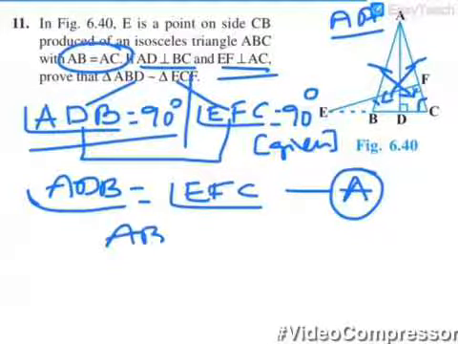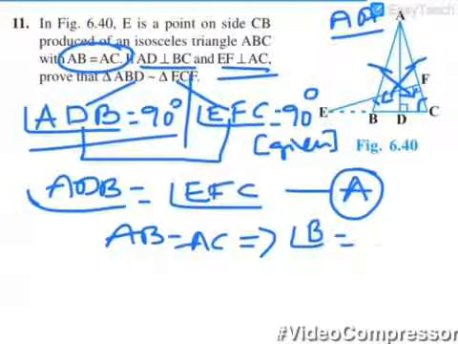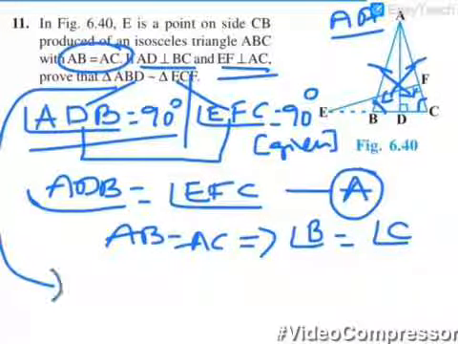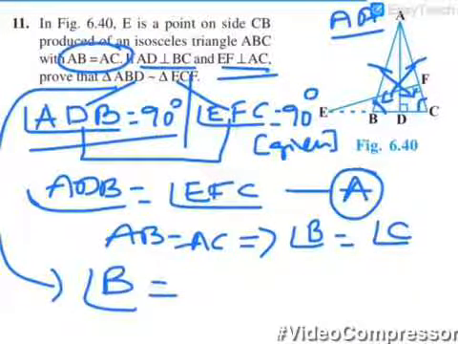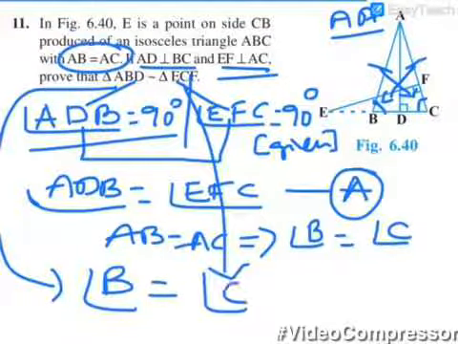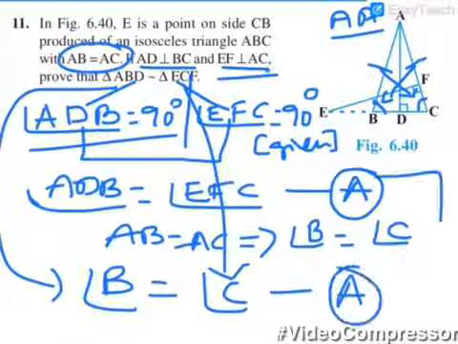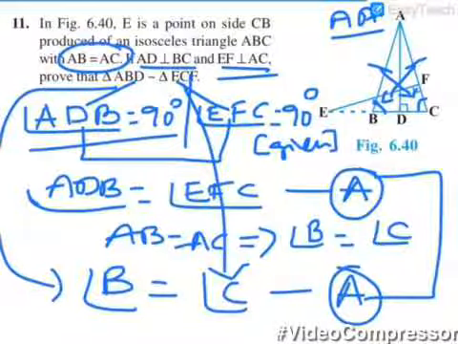Given AB is equal to AC, which implies angle B is equal to angle C. So in this triangle we have angle B, in this triangle we have angle C. So this is another A. So by AA criteria, these two triangles are similar. We can prove it like that.